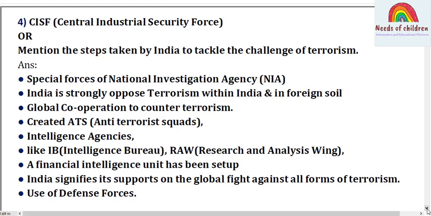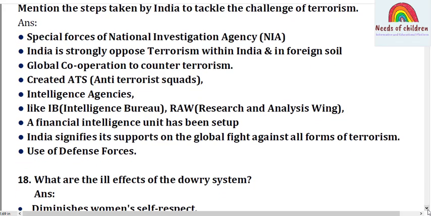Created ATS, anti-terrorist squads, intelligence agencies like IB, that is Intelligence Bureau, RAW, Research and Analysis Wing, a financial intelligence unit has been set up. India signifies its support for the global fight against all forms of terrorism. Use of defense forces. Okay, so these are the steps to tackle the terrorism in India.